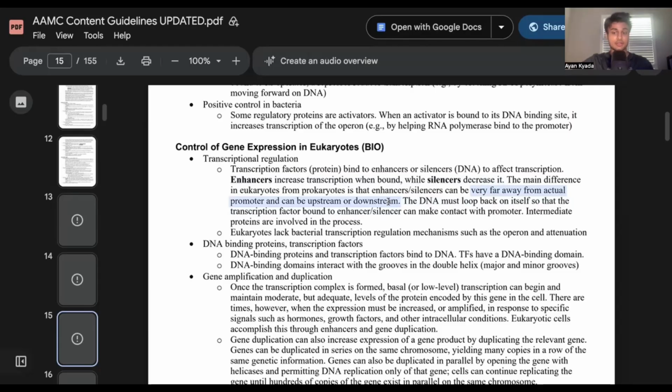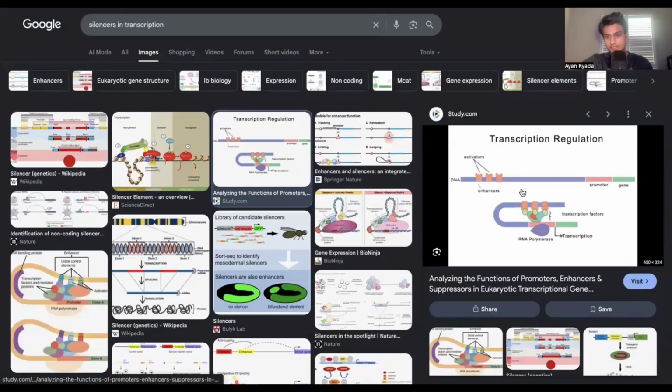It's very variable. And to help visualize and get a better understanding of these enhancers, we're actually going to look at a picture. So you can see enhancers pertains to a specific DNA sequence. And what enhancers do is it recruits activator proteins.